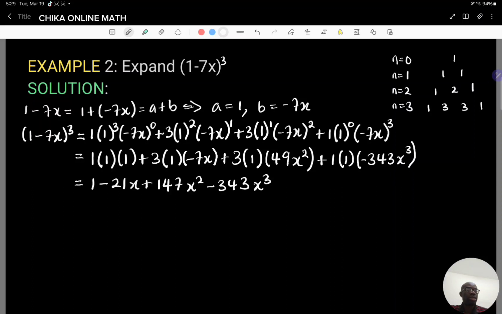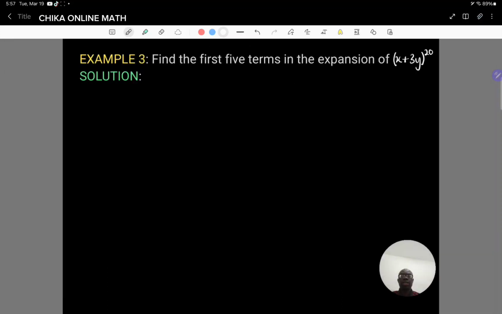So let's look at the third example. In our example 3, we are asked to find the first 5 terms in the expansion of (x plus 3y) to the power 20.